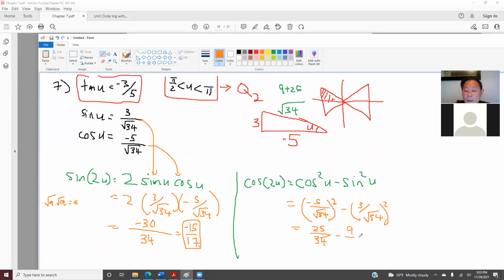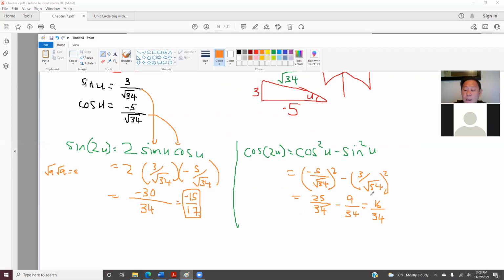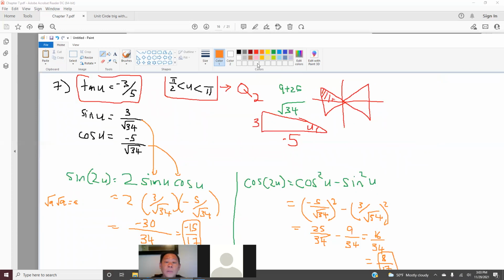This gives me 9 over 34, again the square and square root cancel. So what you have in this case is 16 over 34 because they have the same denominator. And you just reduce this by dividing by 2, so 8 over 17. So this is how you do cosine 2u.